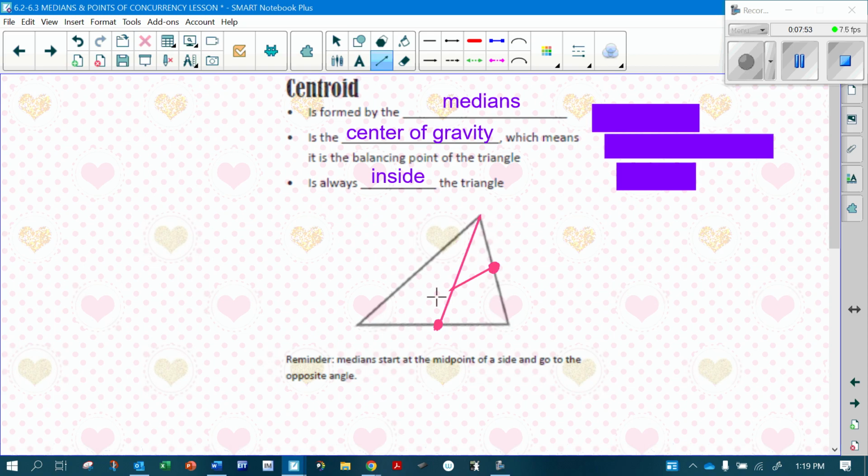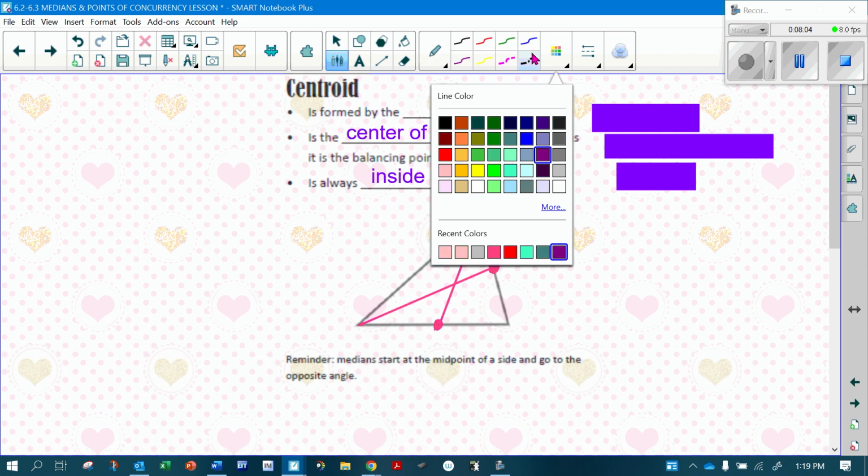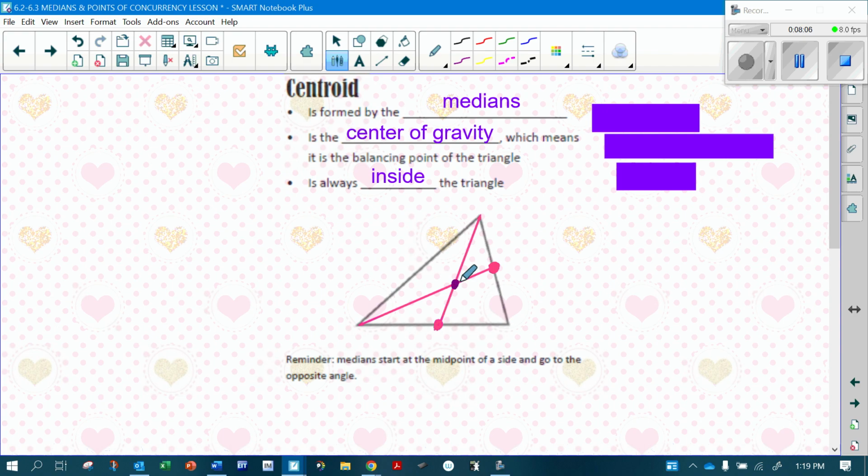So midpoint to corner. So remember, a perpendicular bisector is from the midpoint, but it's perpendicular. So a median does not have to be perpendicular. So now this is the centroid. Okay, this is the centroid. And this is the center of gravity.